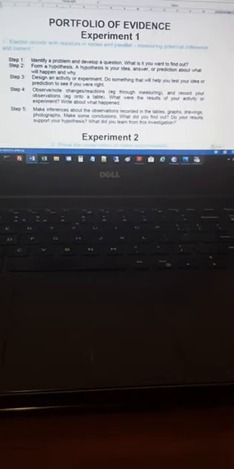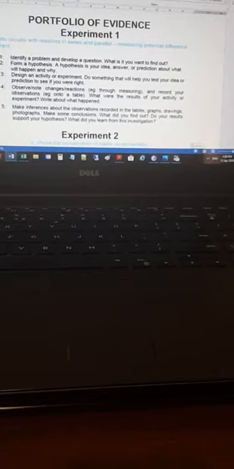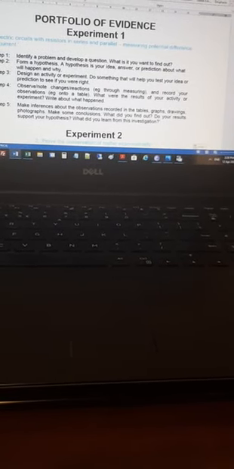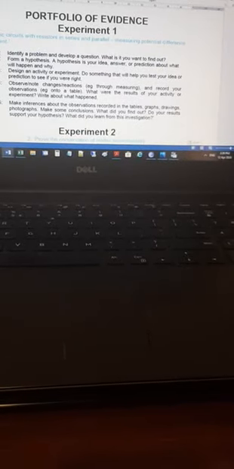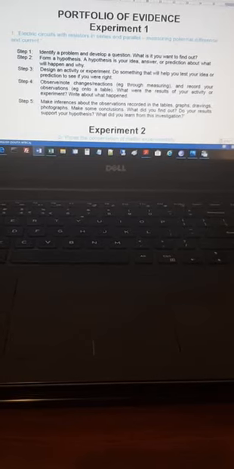Remember, this is grade 10, so make it applicable. So go and do research. Type in Google, circuit experiments to show the comparison between series and parallel. So then you need to design that. So that is explaining what you're going to do in step 3.